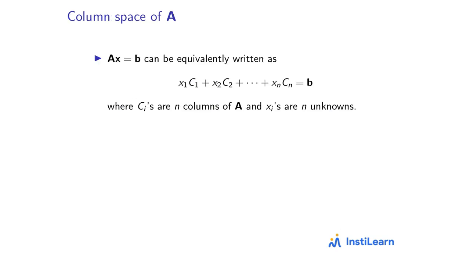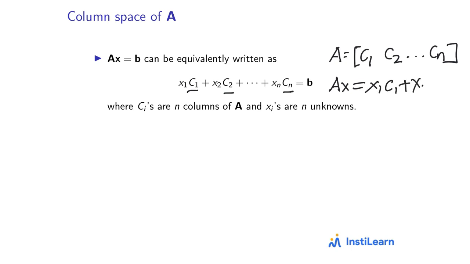Now we will see how the column space of matrix A is associated with solutions. Suppose C1, C2, ..., Cn are the n columns of A. So basically A can be written as C1, the first column, C2, up to Cn. When you multiply x to A from the right hand side, it looks like x1 c1 plus x2 c2 plus dot dot dot xn cn.